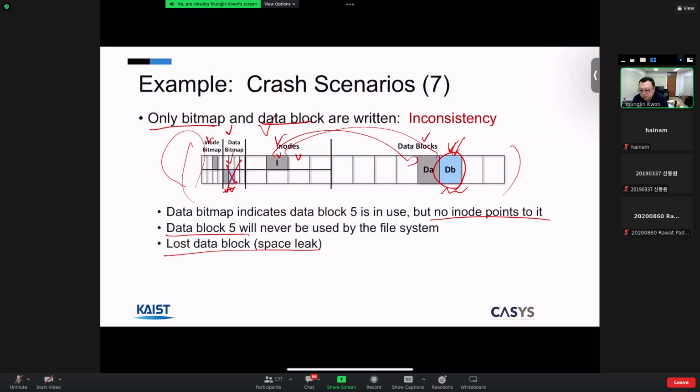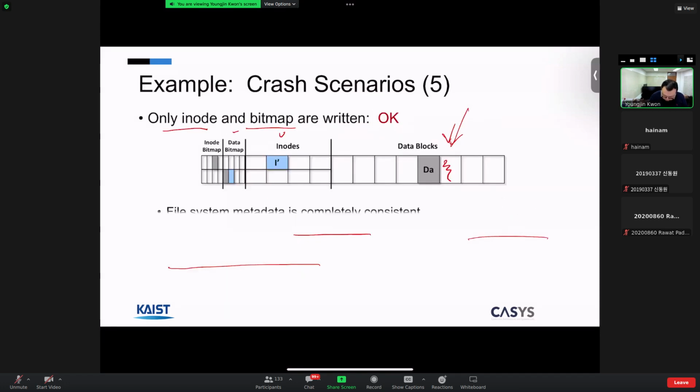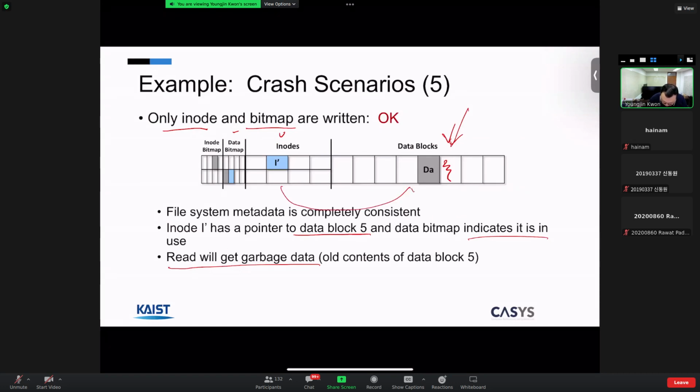Okay, all right. So there was a question. Haewon's question: why do you think reading garbage data is a problem? But here it is more of a design consistency problem. Consistency is about whether these two states are consistent. The inode says I have 2 blocks, and the bitmap says this.